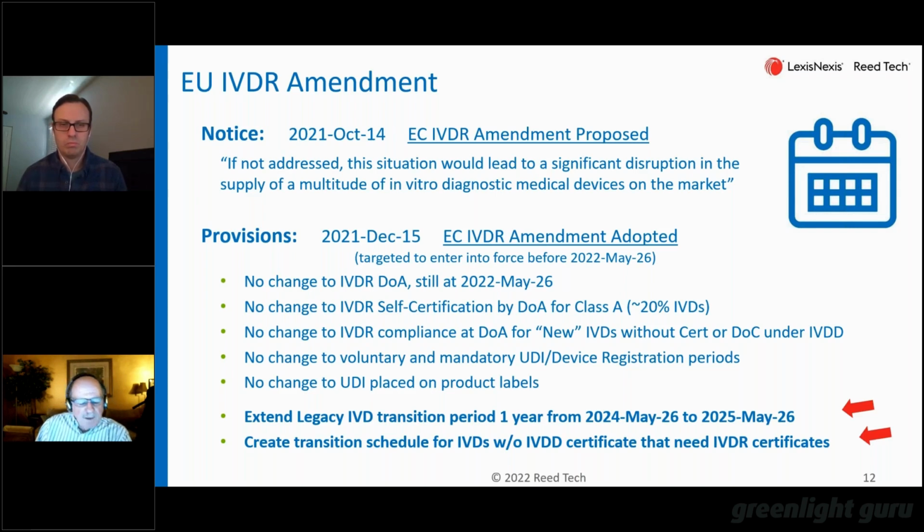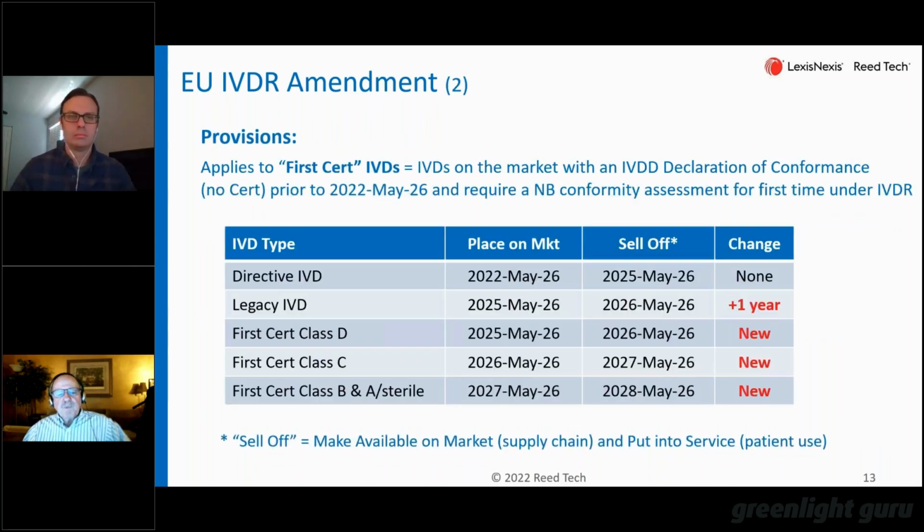Down at the bottom, the important thing here is that the legacy IVD transition period was extended 1 year. That allows products that had a certificate to continue to be placed on the market for an additional year. And then there was a schedule for those IVDs that were upclassed, if you will, where they did not have a directive certificate, but now they need a certificate under the regulation. That schedule is shown here on the right-hand side.